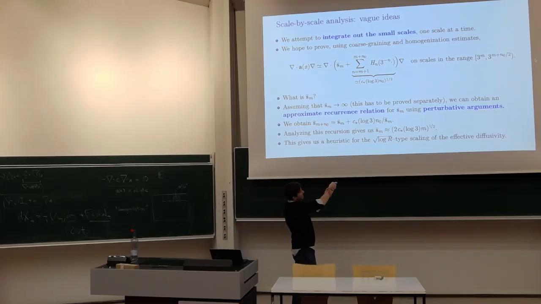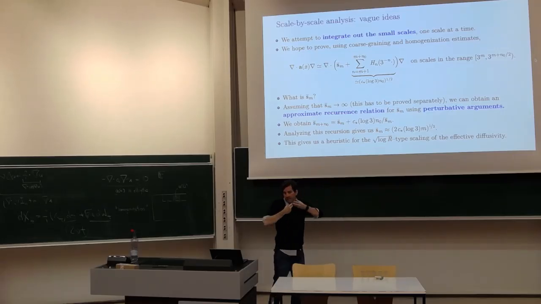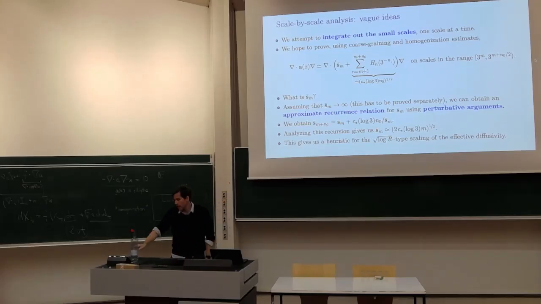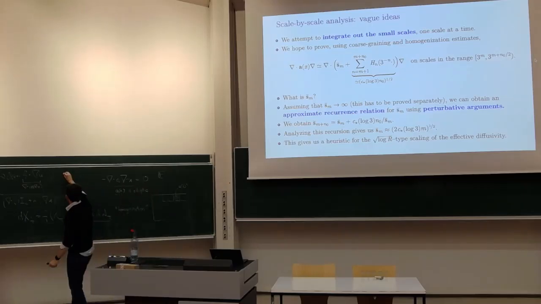N naught is the number of scales, but then you divide by S bar m because the effect of the drift, the effect of the enhancement, is lessened by the fact that it's smaller in size relative to that. So you basically get this recurrence relation that says S bar m plus 1 is S bar m plus a constant divided by S bar m. That's basically what you get.